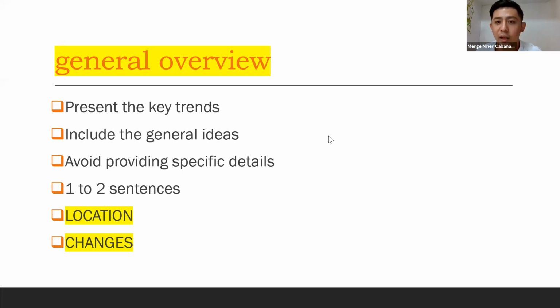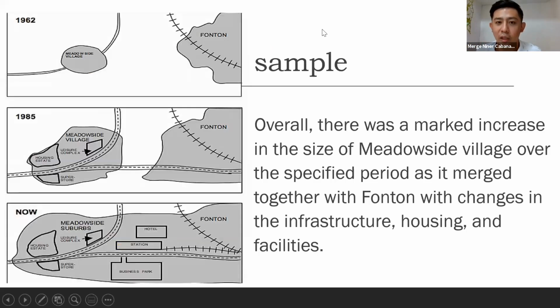So let's take a look at how this works. Look, I have here the 1962, the 1985 and the present. So how am I going to come up with an effective general overview here? In 1962, let's take a look.